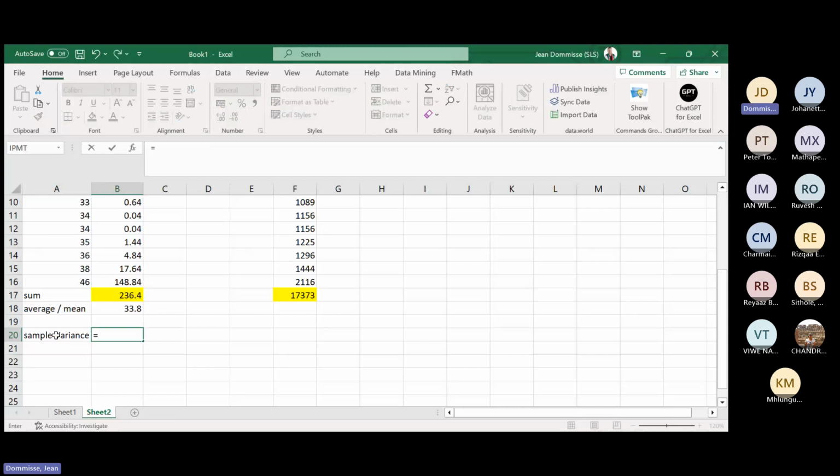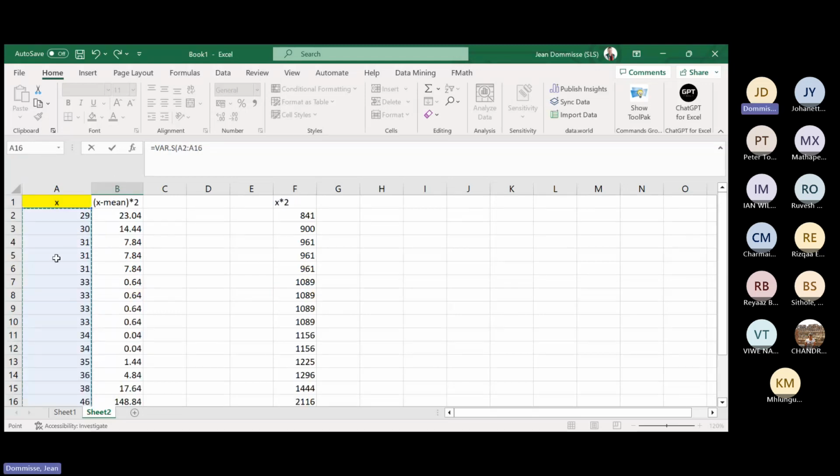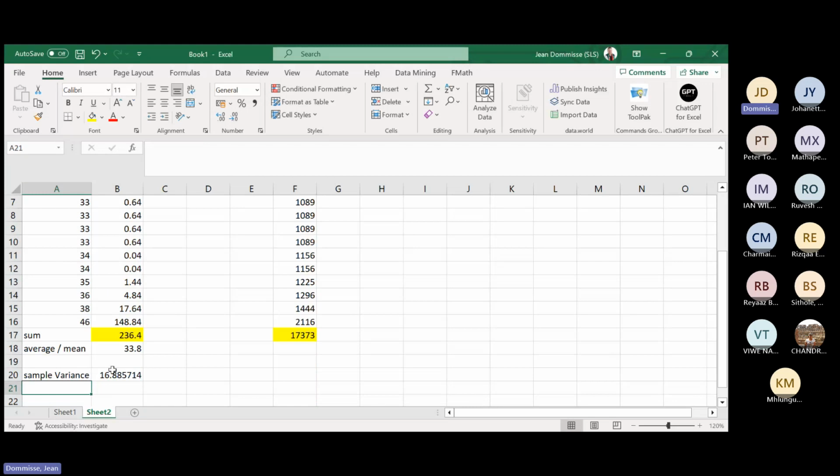I know there's a variance formula for sample variance, and I'm just looking at all those values and where I get my sample variance. I would not do the long process, and let's be honest, I don't want you guys to do that as well.